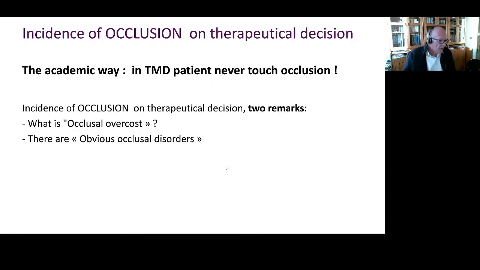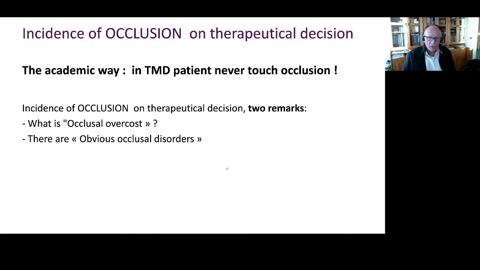And so, what is the incidence of occlusion on therapeutic decision? The academic way is currently, in TMD patients, never touch the teeth, never touch occlusion. The incidence of malocclusion to the TMD is very, very low.